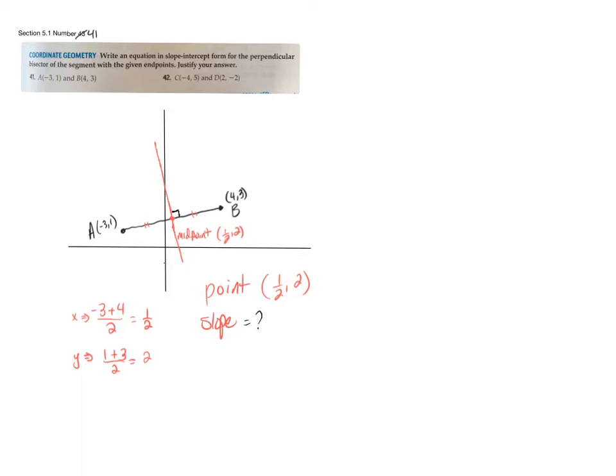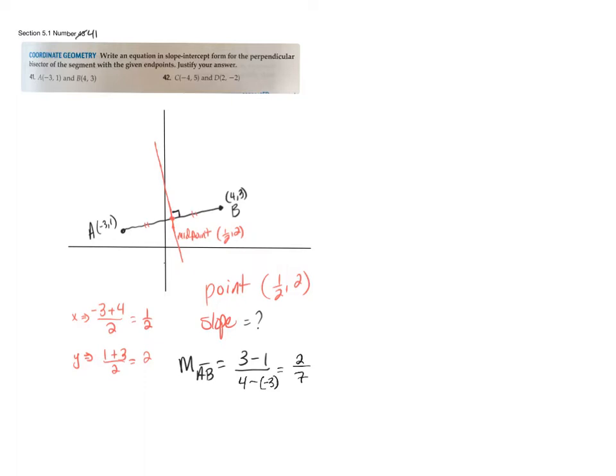So let's write that the slope of segment AB is, the formula for slope is y2 minus y1, so I'll use 3 minus 1. I'm taking this y-coordinate minus that y-coordinate, and that goes over the difference of the x's, which will be 4 minus -3. So 4 minus -3, and we get a lovely slope of 2/7.